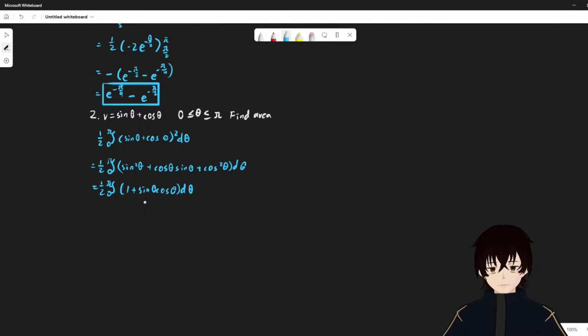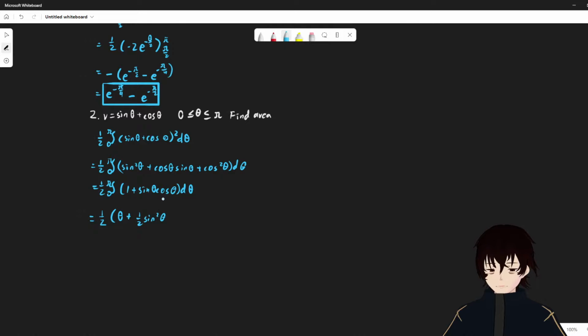And the integral of sine theta cosine theta is, hang on, am I thinking about this right? 1/2 sine squared theta. Let's test it out. Theta plus 1/2 sine squared theta. Yeah, that should be right.